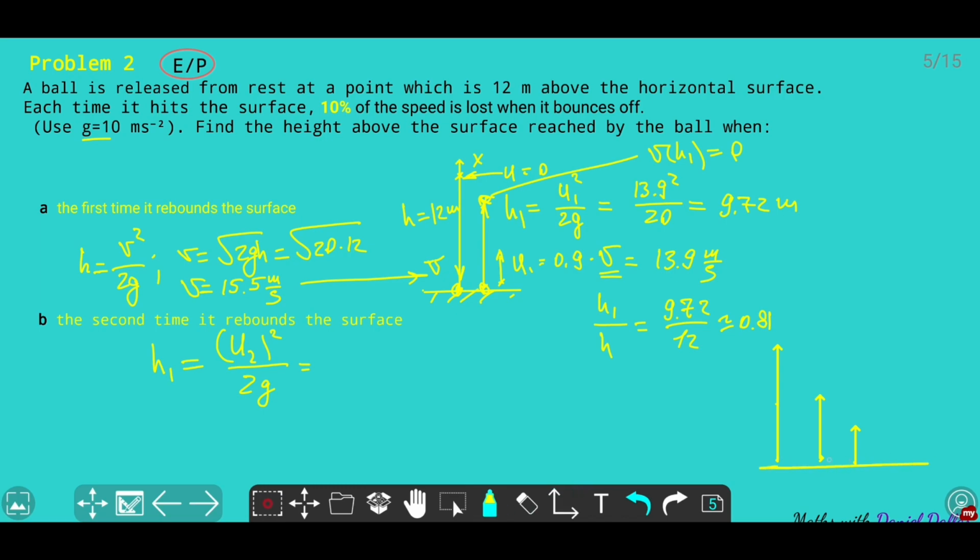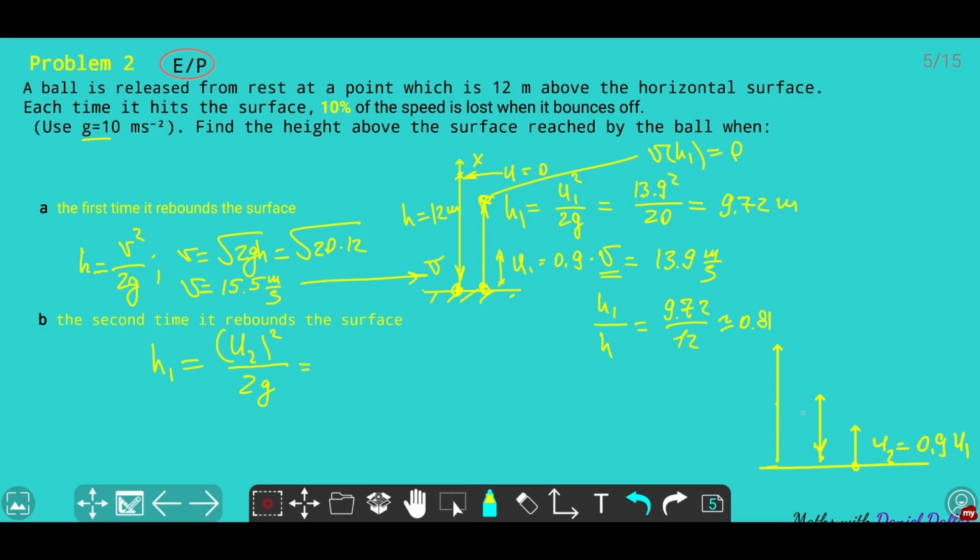So the initial speed when it bounced off is going to be u2, which is going to be again 0.9 of u1, right? That's the fact, because when it bounced off with u1, it reached back with u1 again.